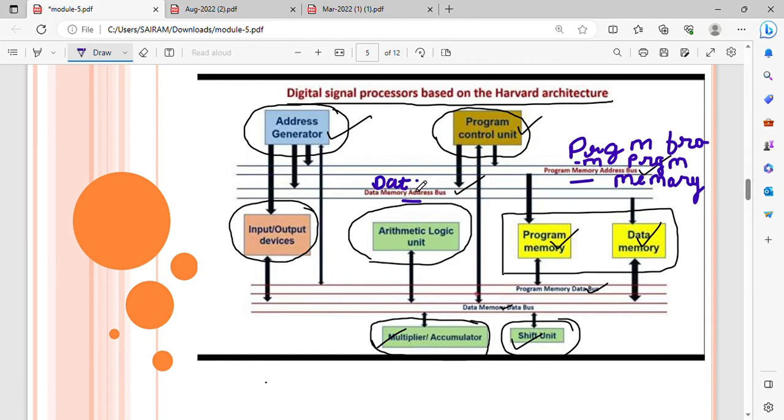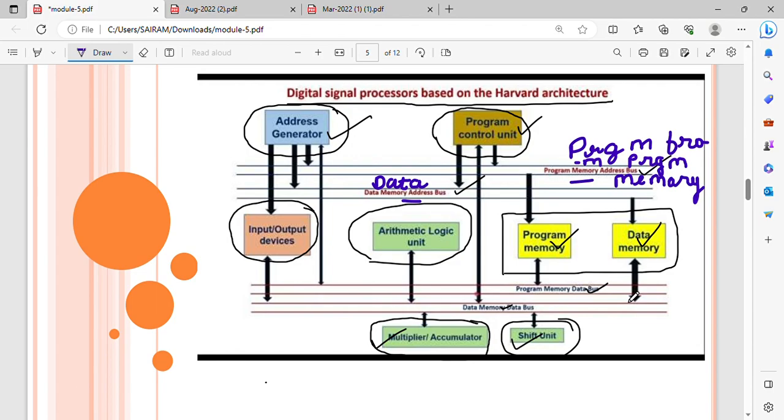And here it is the program memory data bus, and the data memory data bus. Just a minute, I'm really sorry.